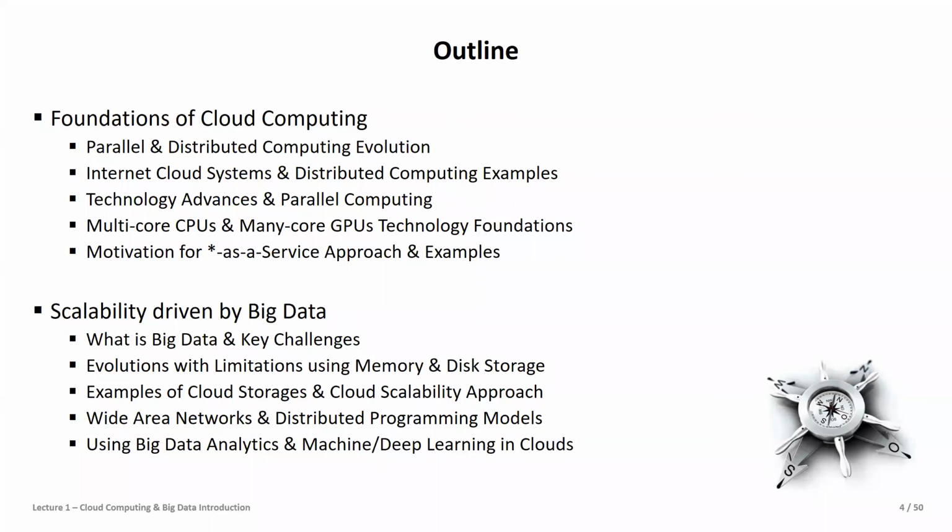Each of these as-a-services is today really popular. There's not a really straight line between them, they overlap, but there are some terminologies we will clarify in the first part of the lecture.